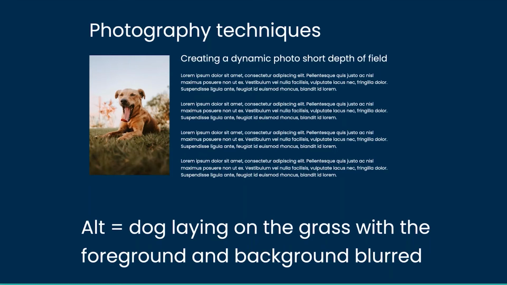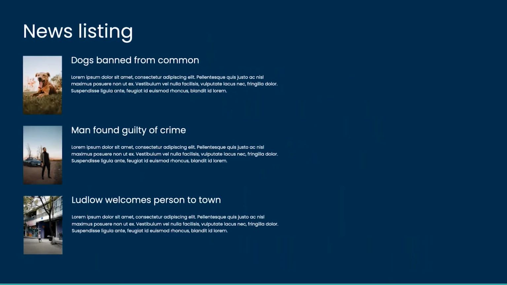And just to push that a bit further, in the case of a news article list, images quite often are put in here, and quite often can be used more for decoration. So in this example, we've got a news listing with a few things in here. And the first one is dogs banned from the common. And we've got a generic picture of a dog there. It's not directly linked.